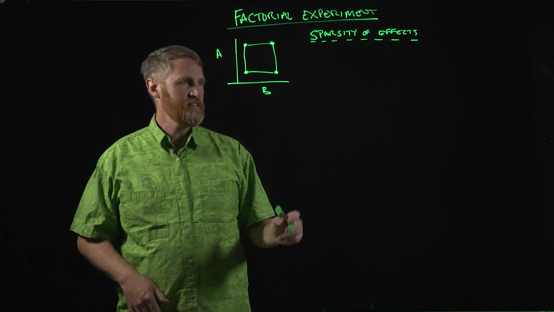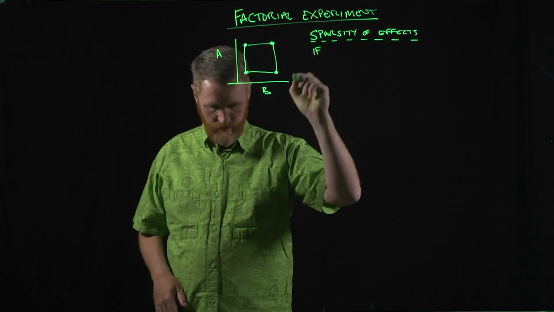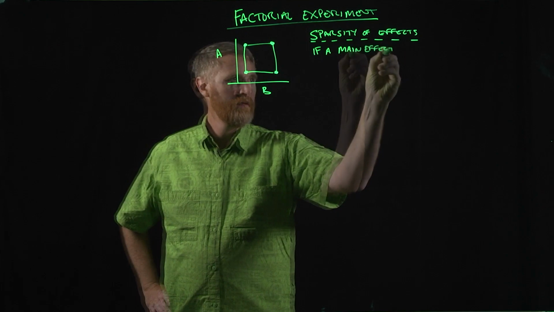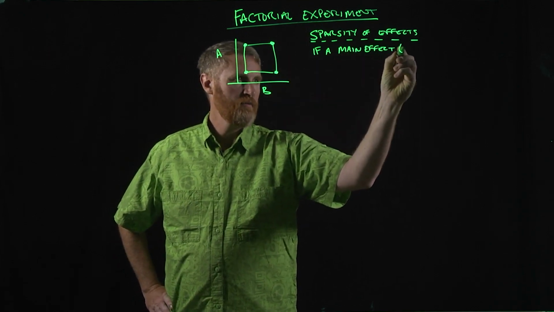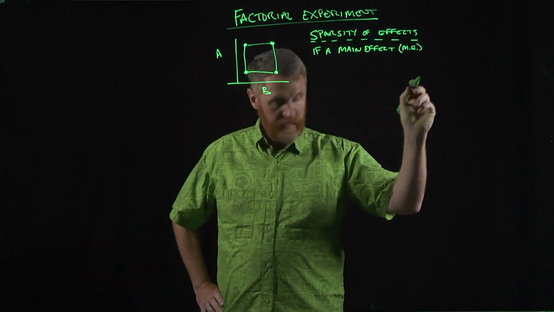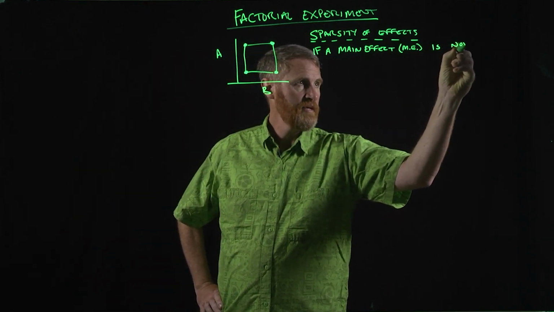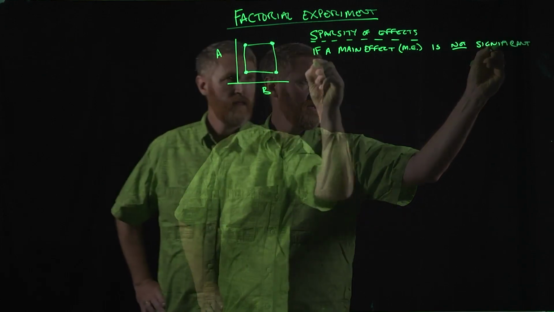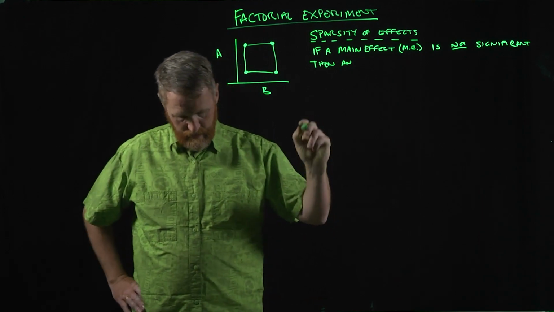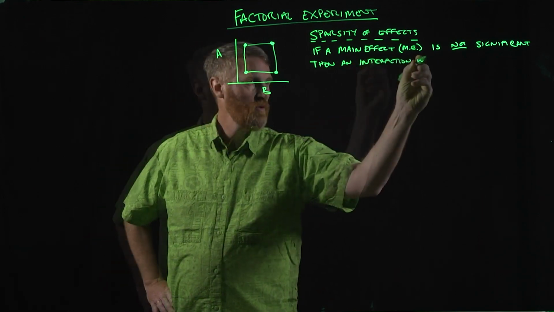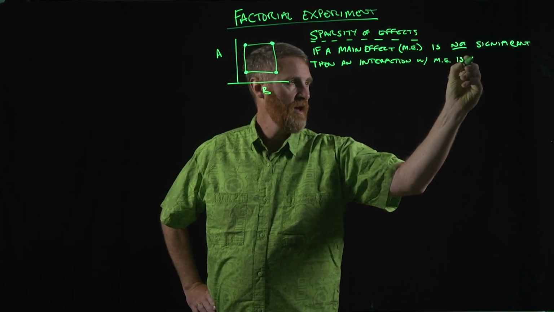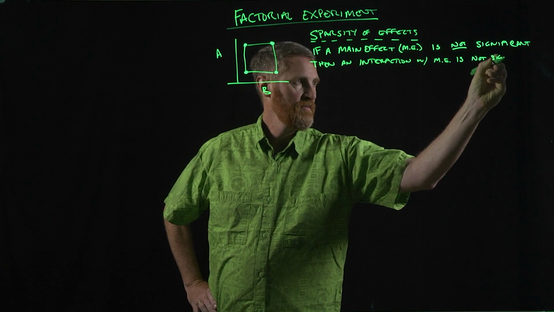And the sparsity of effects says, if a main effect, that would be like A or B, I'll abbreviate ME, if a main effect is not significant, then an interaction with the main effect is not significant.